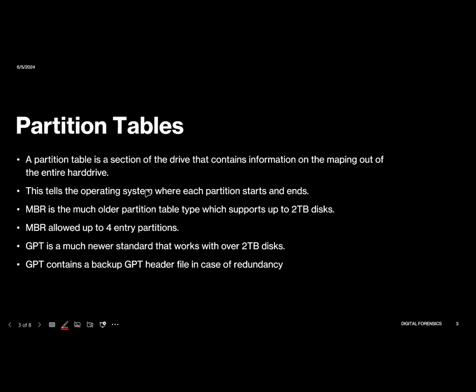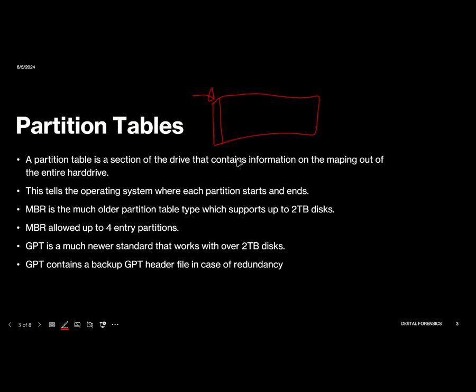Now, what is a partition table? A partition table is a certain section that contains the information and the entire mapping of the hard drive. If your hard drive looks something like this, most of the time the partition table is at the beginning of that drive.